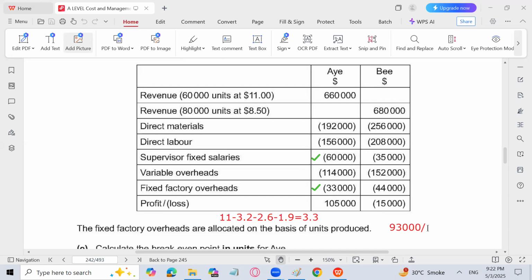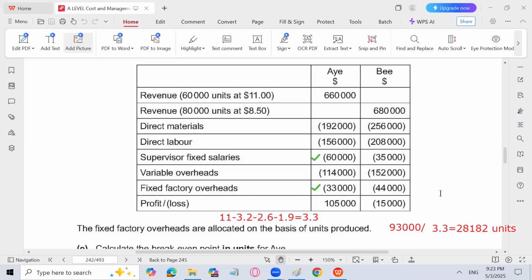So 93,000 divided by 3.3 is equal to the break-even point in units for I. The answer is 28,182. So 28,182 units is going to be the break-even point for I.